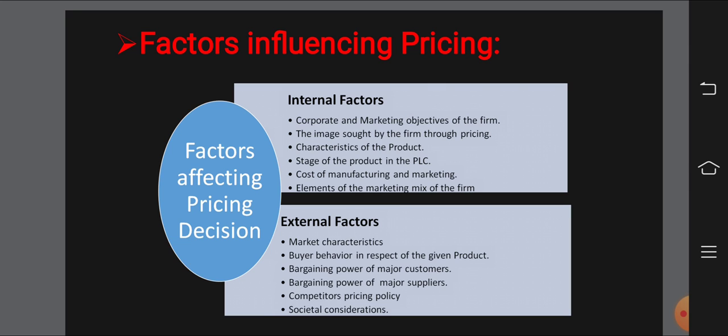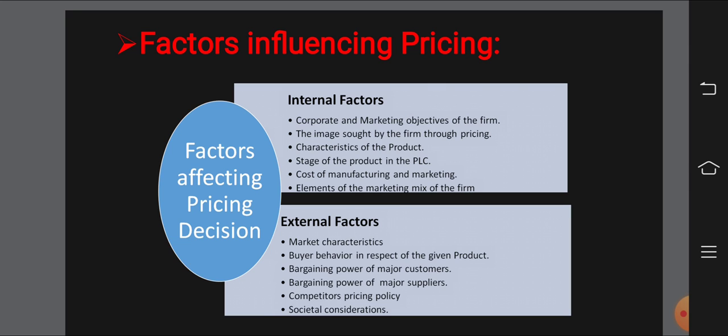Like this, at the different stages, if suppose that product is at the maturity level, then here the pricing power is in that particular organization's hand. They can increase the prices also to improve their profit margin. Then the next factor which will affect is the cost of manufacturing and cost of marketing.